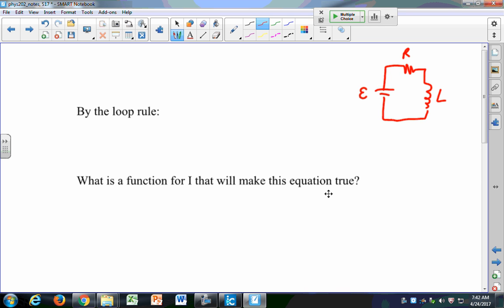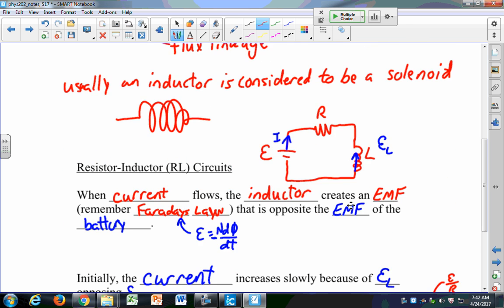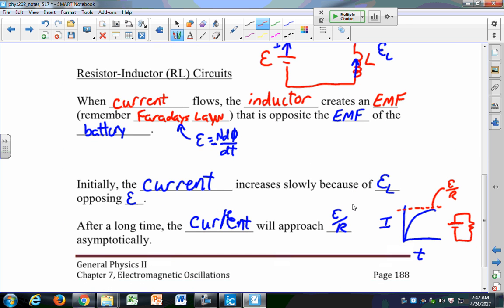This is L. And so my EMF of the battery, did I write that the EMF is L dphi dt? I'm sorry, I did not. Go back to your previous page. The EMF of the inductor, E_L, is equal to minus L times di dt.